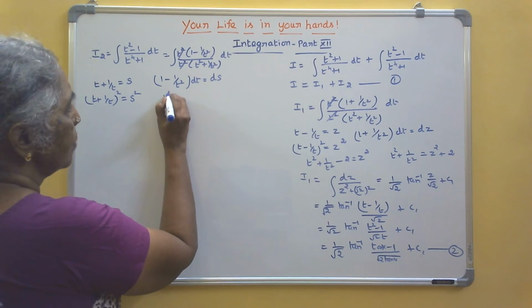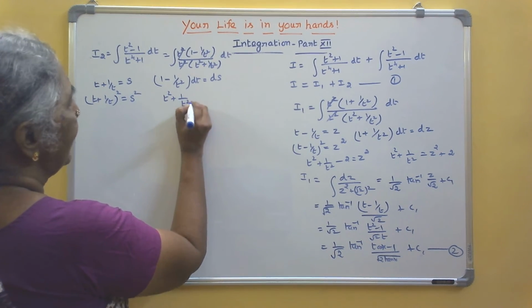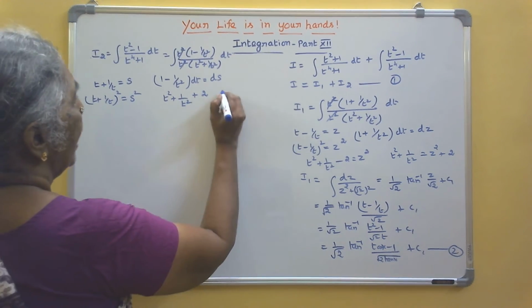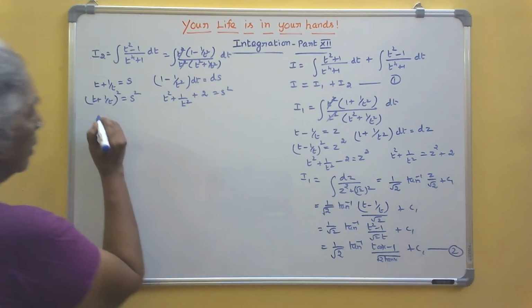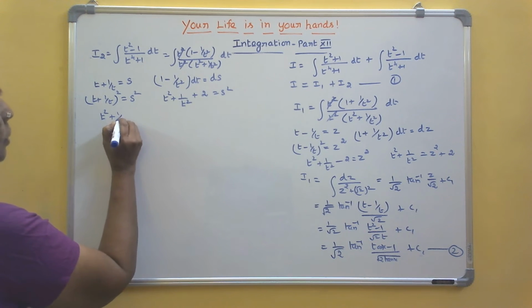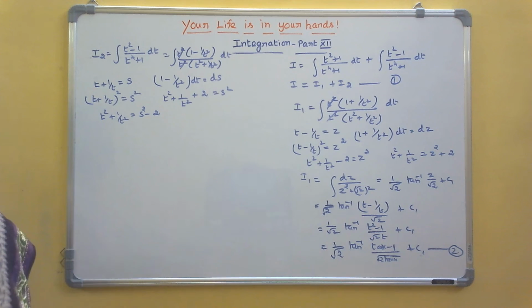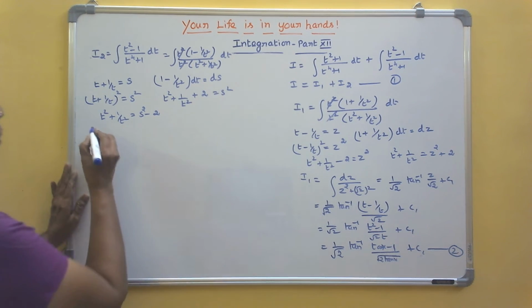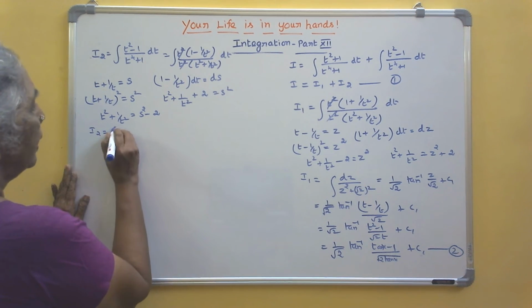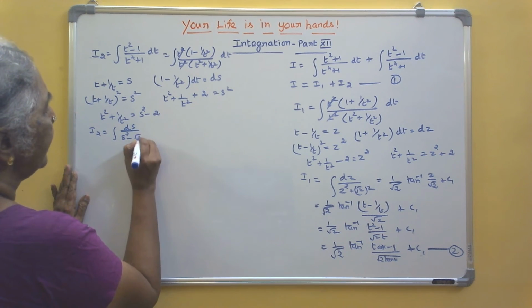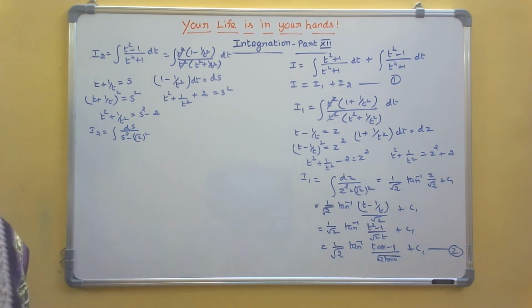So you will get t square plus 1 by t square plus 2 equal to s squared. So t square plus 1 by t square is s squared minus 2. Right? So now I2 will be integral ds by s squared minus root 2 the whole square.